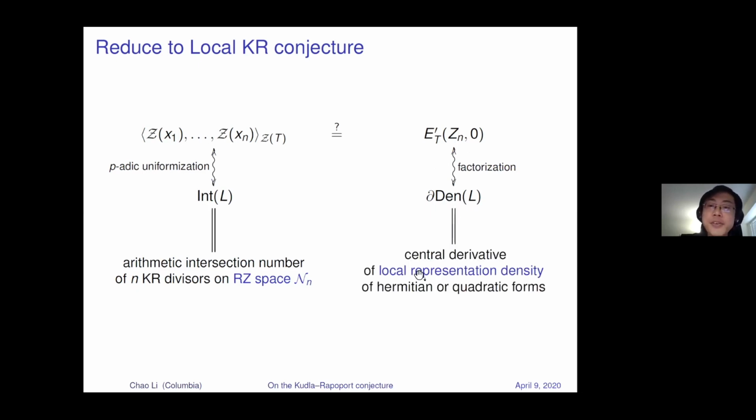It's a central derivative of certain local representation density of Hermitian or quadratic forms, which I denote by partial density on the right-hand side. All right, so if I can do this reduction to local quantities, the question is now, can I equate these local quantities, the intersection number on Rapoport-Zink space and the derivative of local representation density?